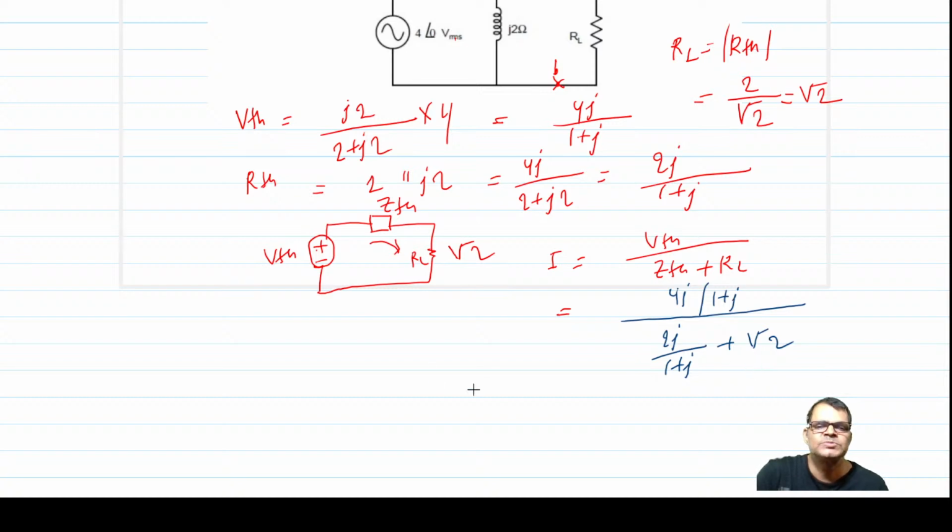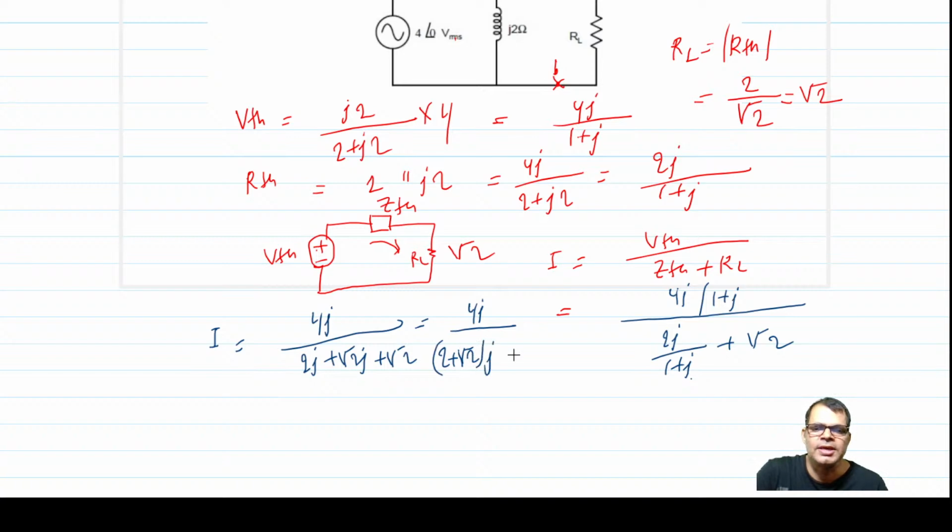Right? Now your I becomes 4J upon, when you do this, that is the numerator, and this is the denominator. 1 plus J cancels, 2J plus root 2, so that is 4J upon 2J plus root 2.